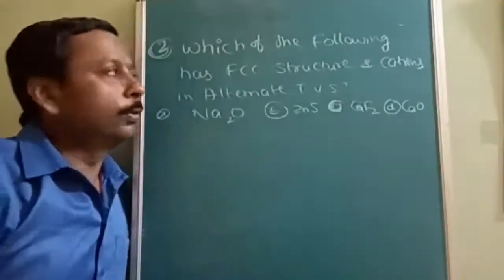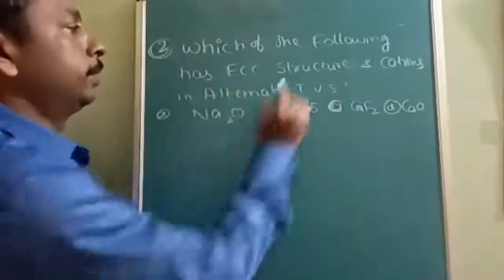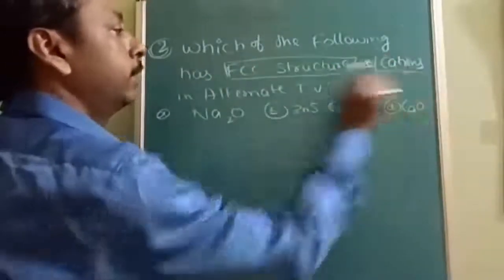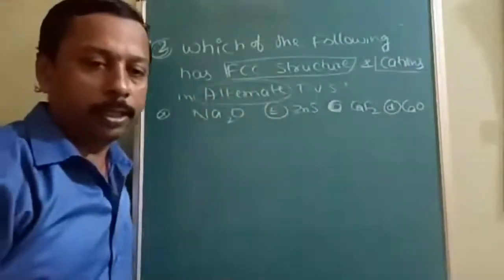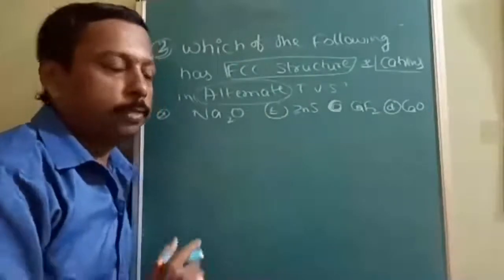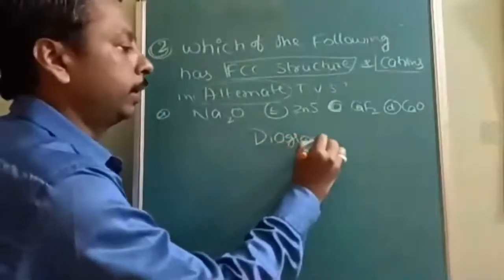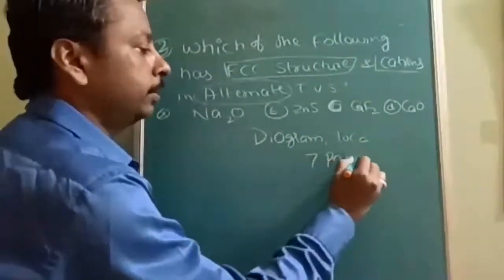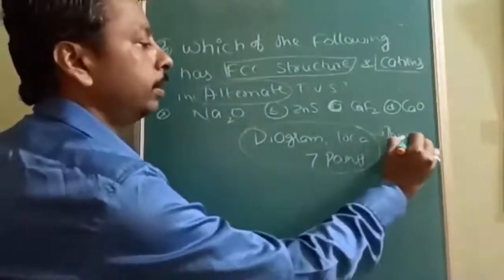Okay, listen now. Which of the following has FCC structure? Two conditions are given: FCC structure and cations must be present in alternate tetrahedral voids. Okay, so this type of arrangement, along with the diagram, location, and how many points, 7 points in each, was already explained in the theory lecture.